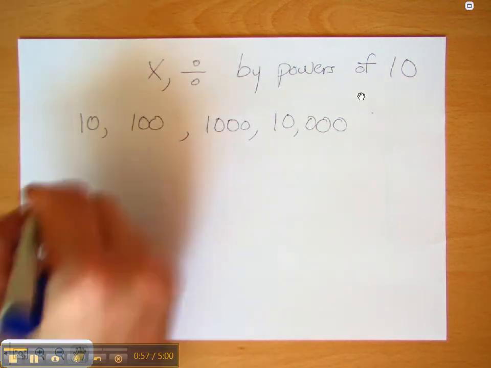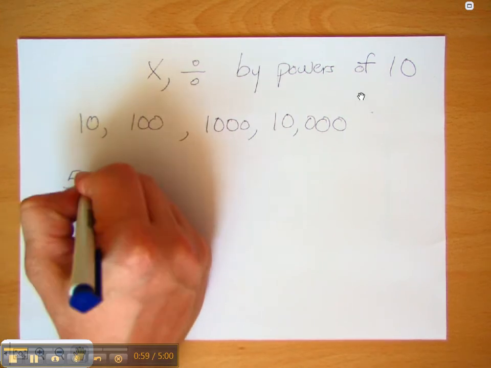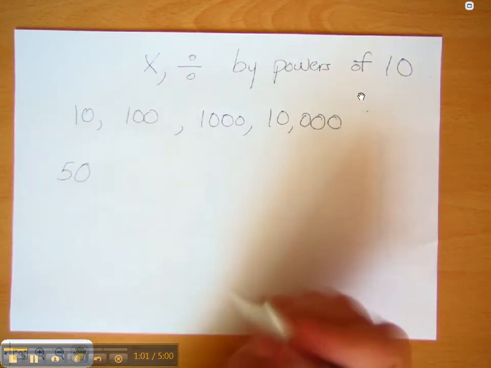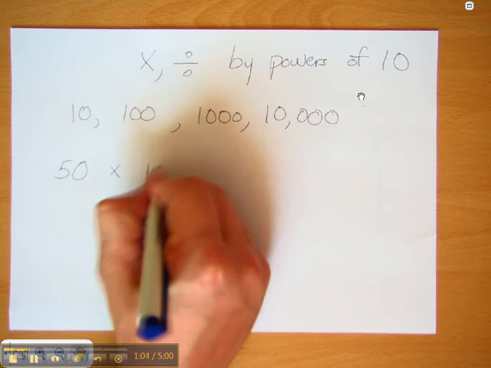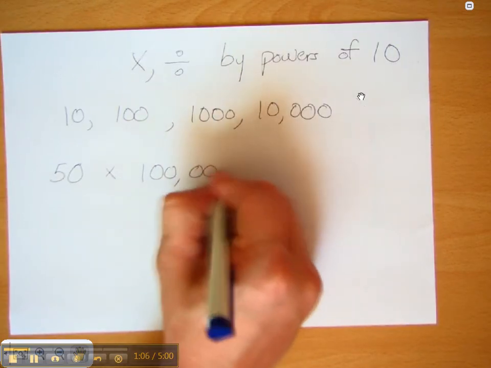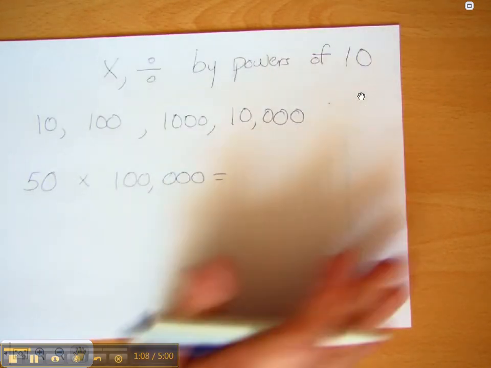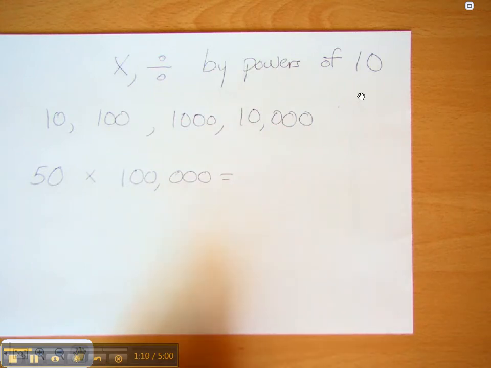So what if we multiplied the number 50 by 100,000? There's a really easy trick to this. When you multiply numbers by powers of 10, you just count the total amount of zeros. Is it really that easy?